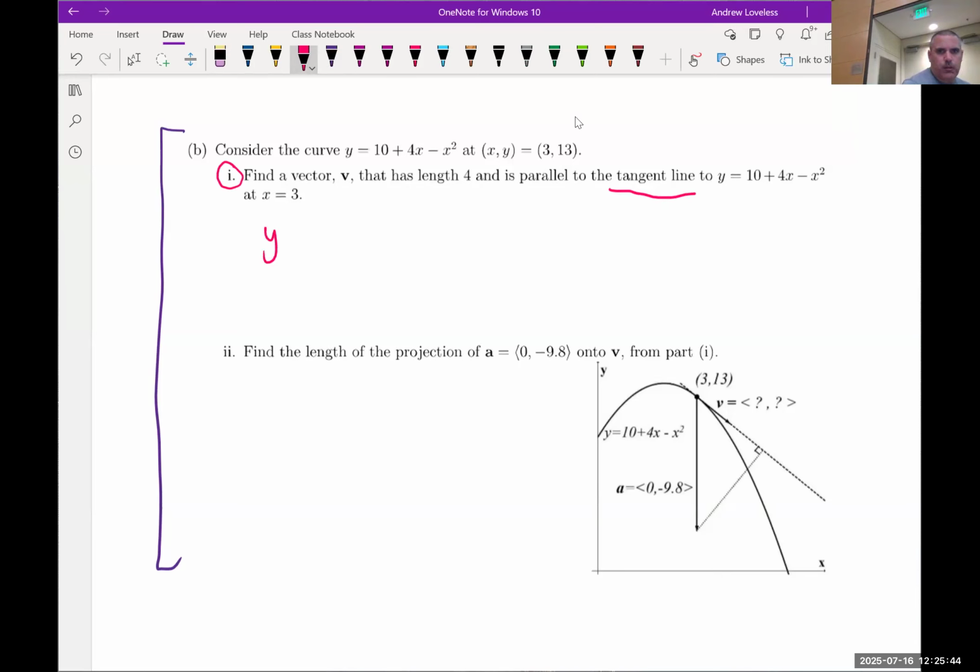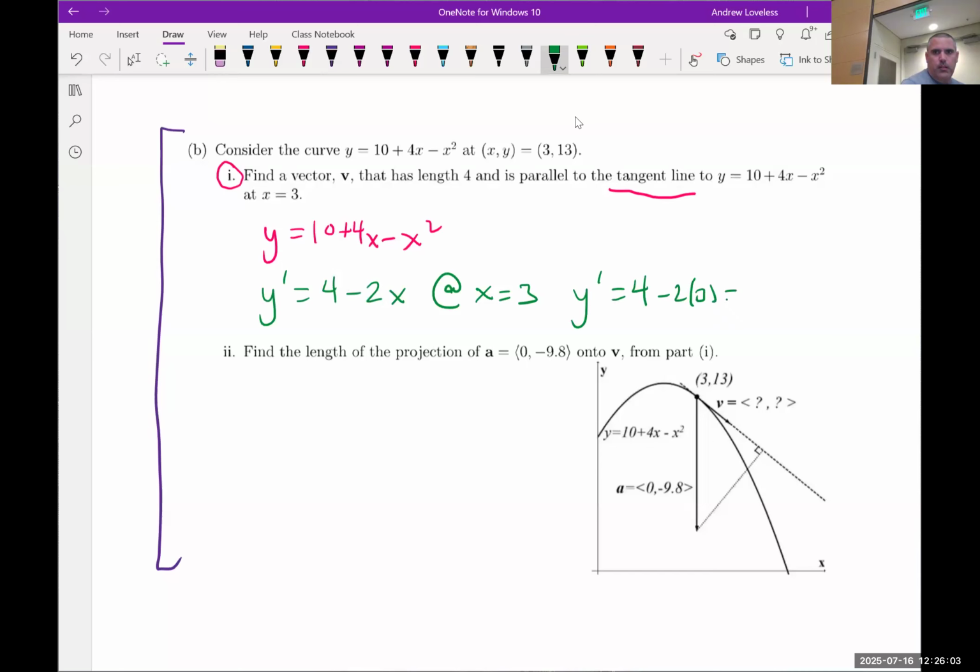So here's our function, 10 plus 4x minus x squared. Here's the derivative. And at x equals 3, we get that the slope is 4 minus 2 times 3, which is -2. So this question was about, I have a line with slope -2.